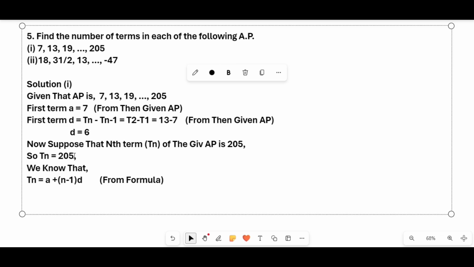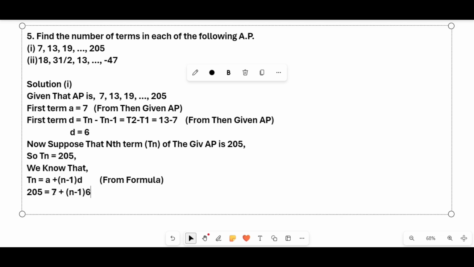So put the value: 205 is equal to A, which is 7, we have already found out, 7 plus n minus 1 into D, D is equal to 6. Okay.